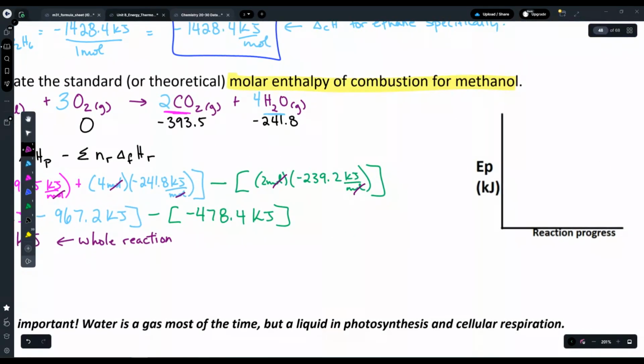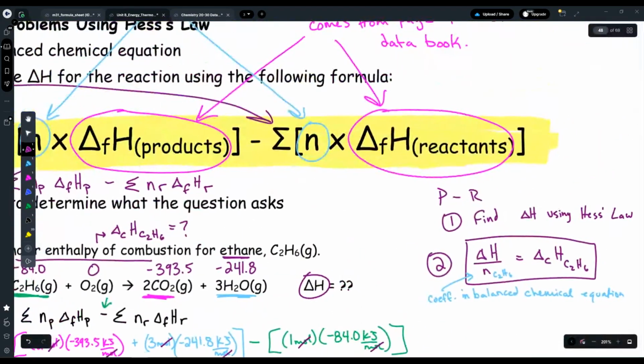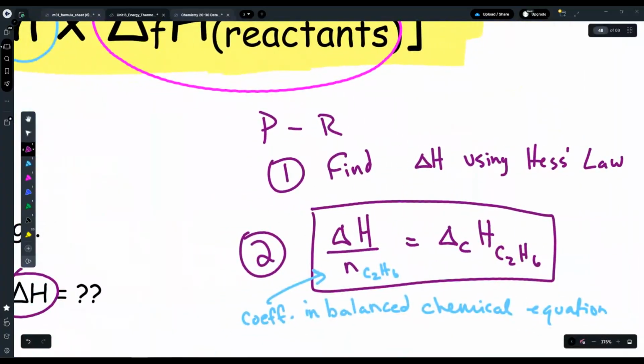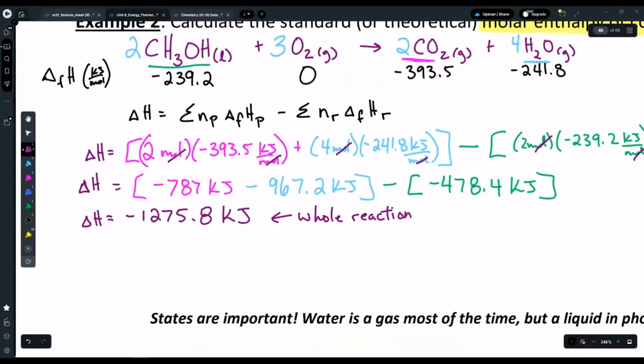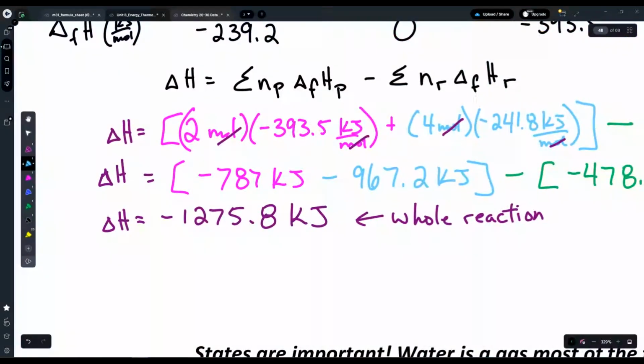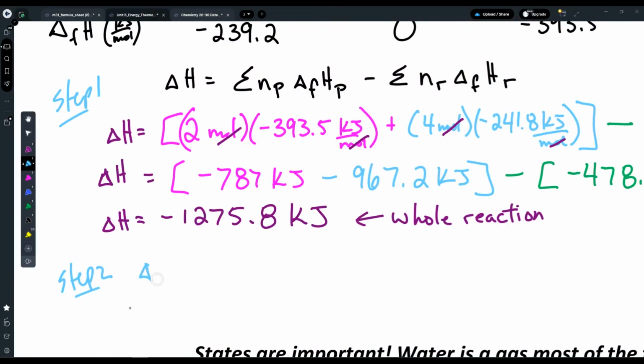Now the question wants us to find the molar enthalpy of combustion for methanol. So we're still following the same two steps that we did for our first example, except now we're just going to divide by the moles of methanol. So if you want to call this step 1, we can put step 2 here.